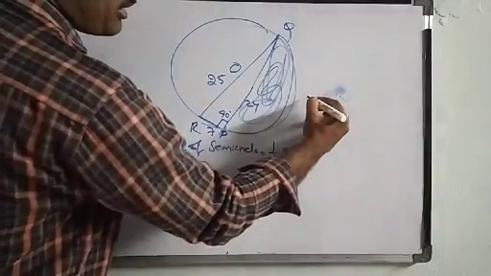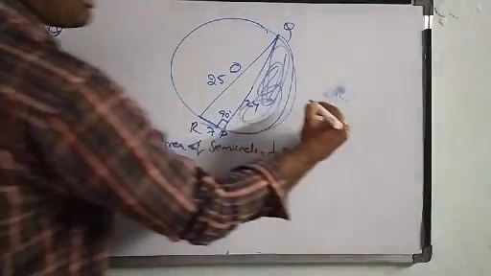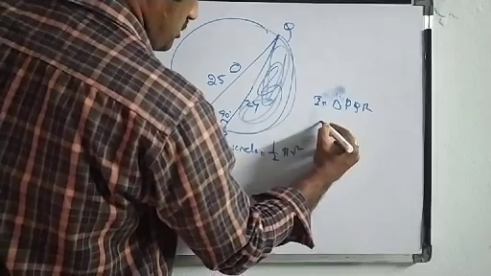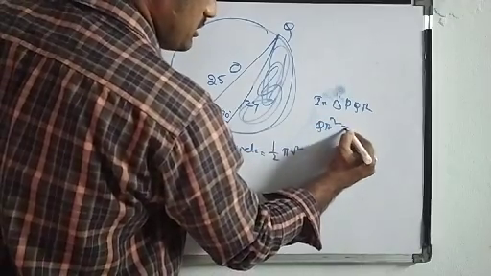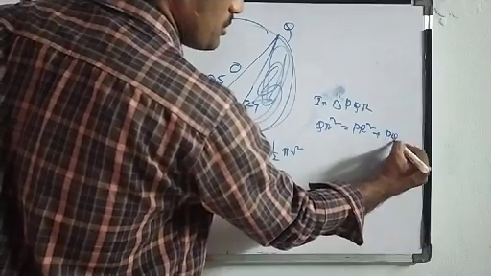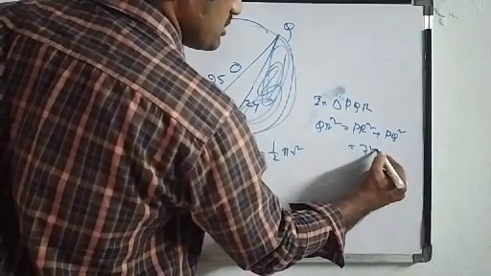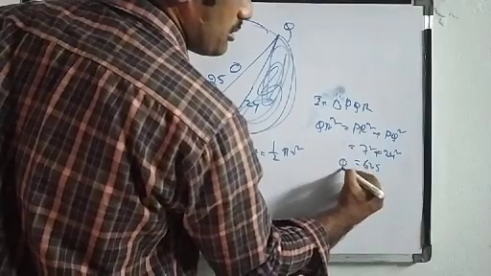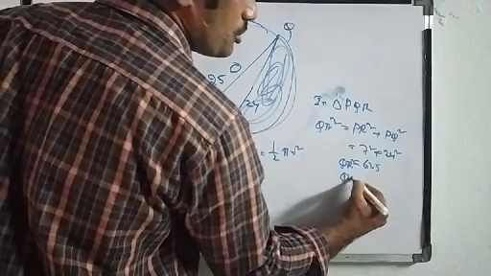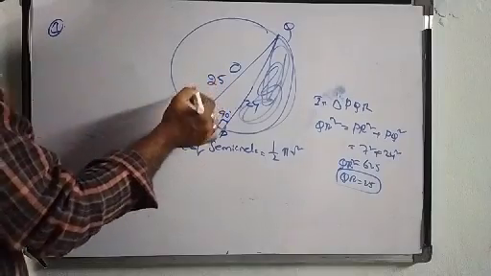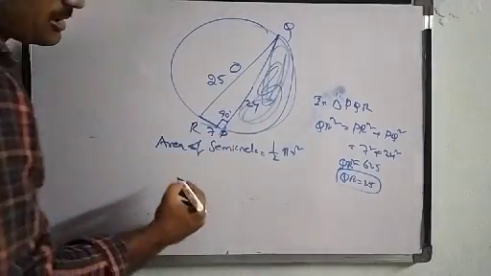Or else if you don't know, in triangle PQR, QR square is equal to PR square plus PQ square. So that is 7 square plus 24 square, which is 625. So QR will be 25. That's what I have kept here, since I know the Pythagorean triplets. So the total diameter is 25.